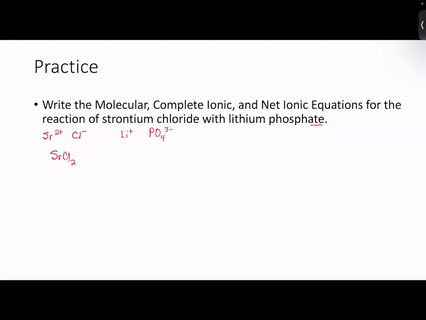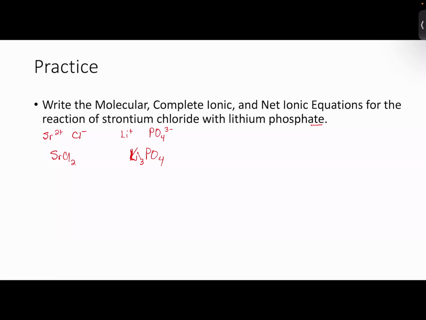The formula for lithium phosphate, therefore, has to be Li3PO4. Now, I love actually working again with the words and translating the words because it makes the next step easier. And that is to develop the formula of the products.